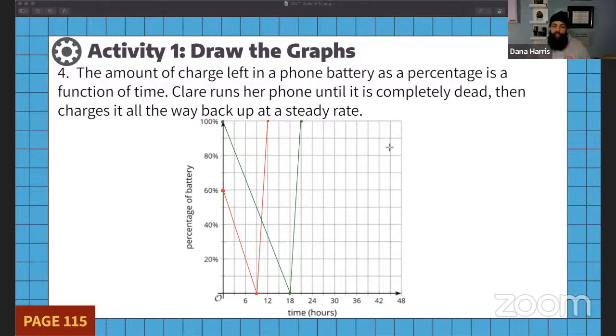All right. So your graph doesn't have to look exactly like my graphs in activity 1. Your graphs may look a little different. That's totally fine. But just remember that when you look at these graphs, think about the context. Make sure you are reading the information on the independent axis, which is the x-axis.